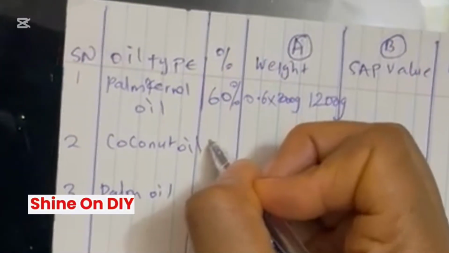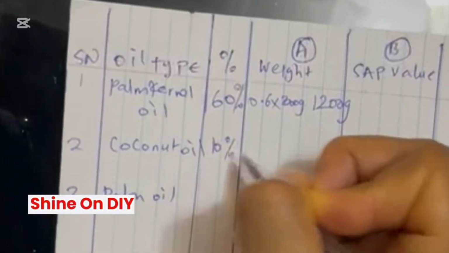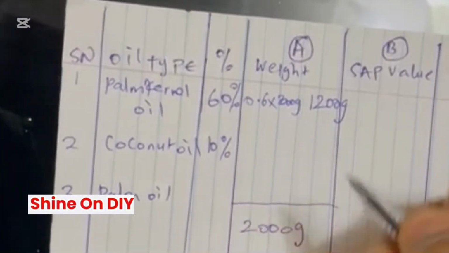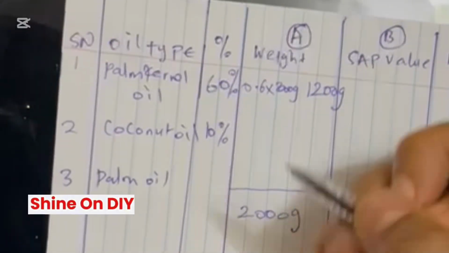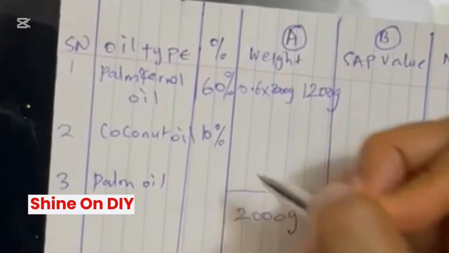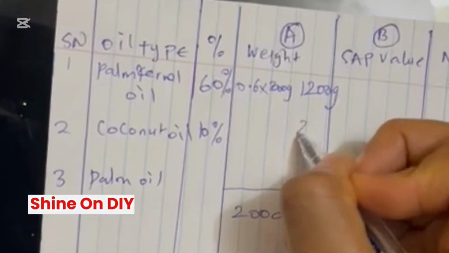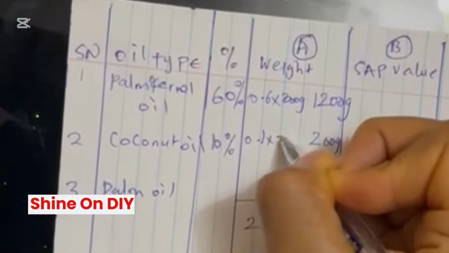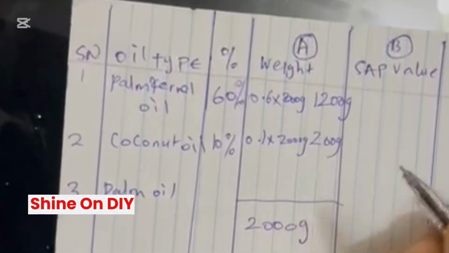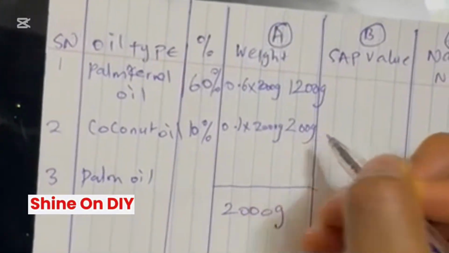And coconut oil will be needing 10%, and 10% of 2,000 grams will give us 200 grams. That's 0.1 times 2,000 grams. It will give us 200 grams.